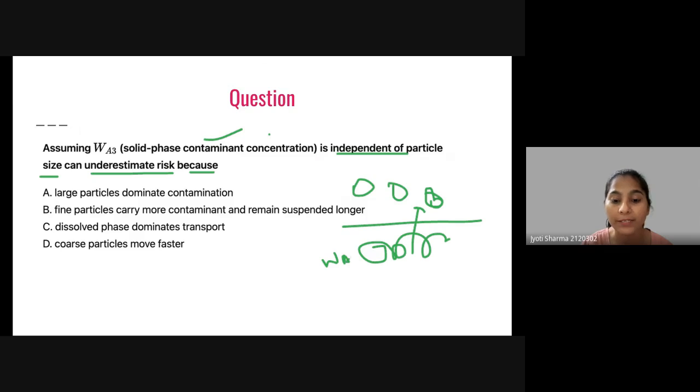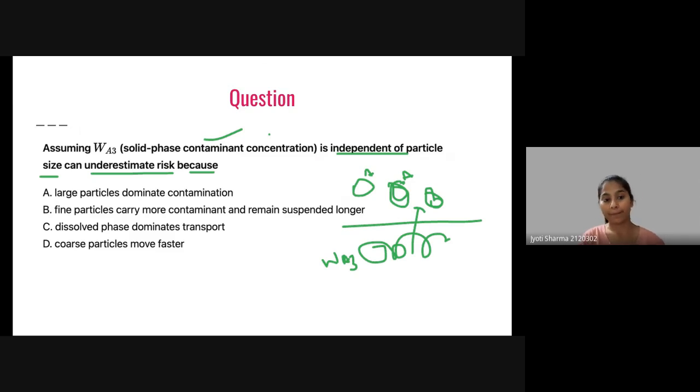So wa3 is your solid particle, and on the solid particle you have your concentration A. If we are assuming that your solid phase contaminant concentration is independent of particle size, then it can underestimate risk.